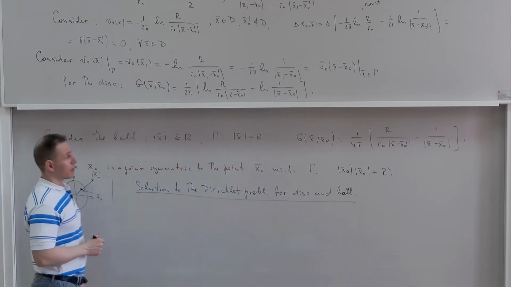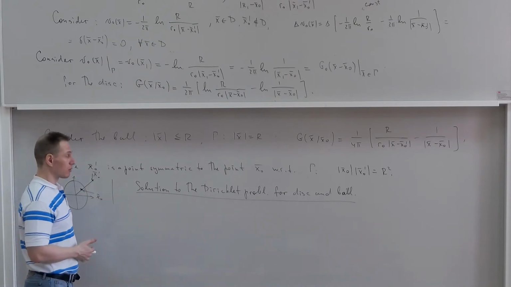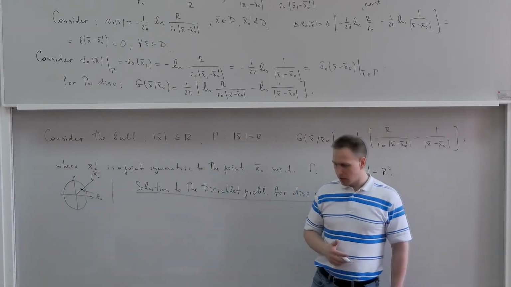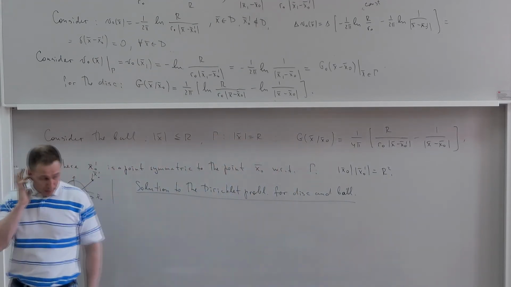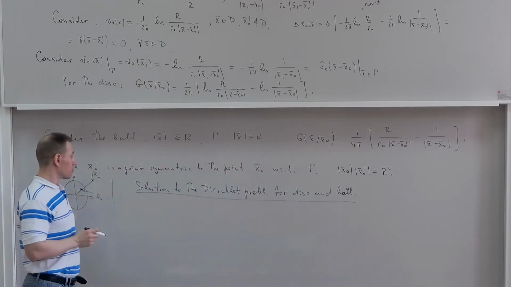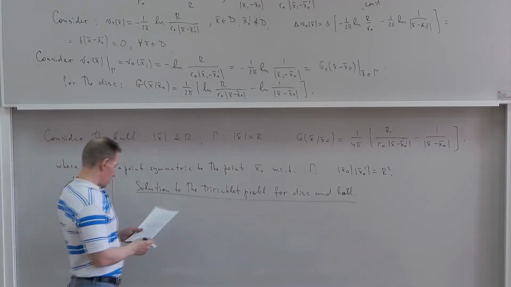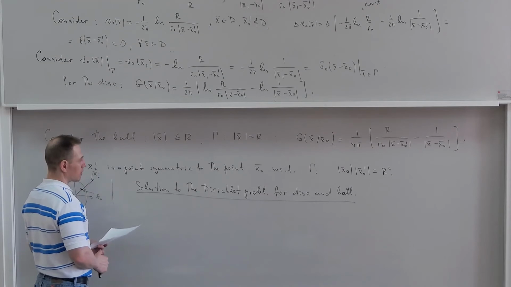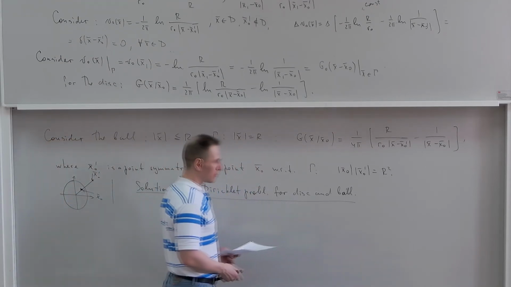In the previous section, we constructed the Green's function for these problems. Now we can, by the use of the general formulas, which were given at the beginning of our lecture, construct the solution of the corresponding Dirichlet problems and general solution in terms of integrals. So, at the beginning, we consider the problem for the disk, and as for the ball, I will give only the final answer in terms of integrals.